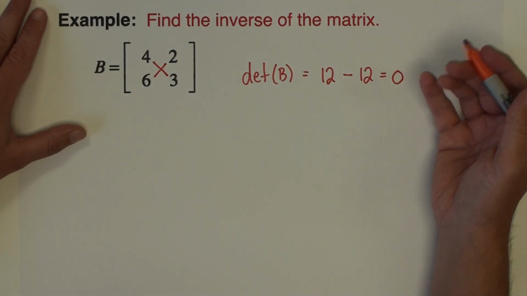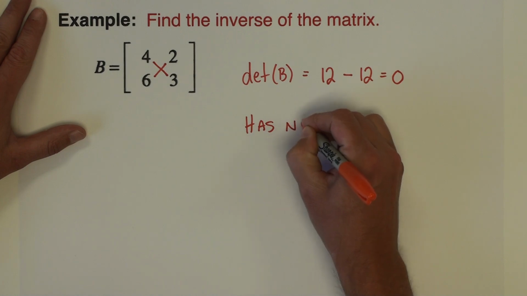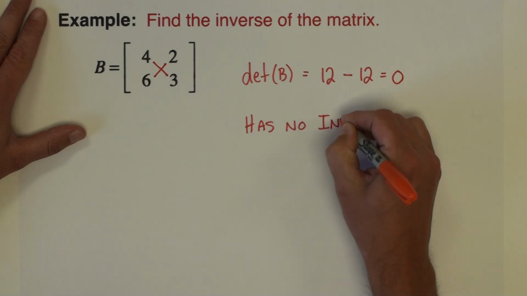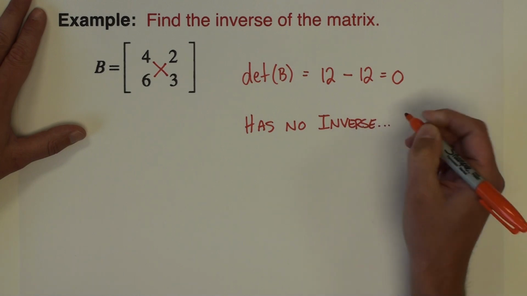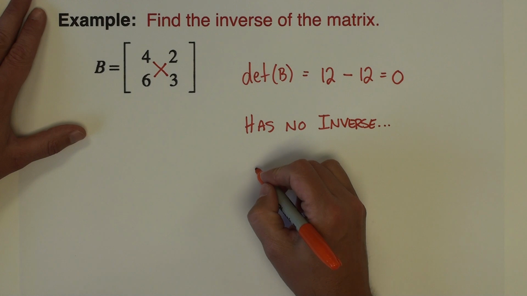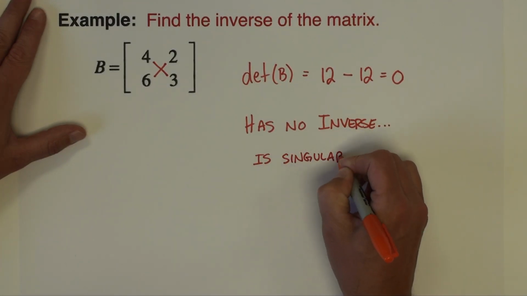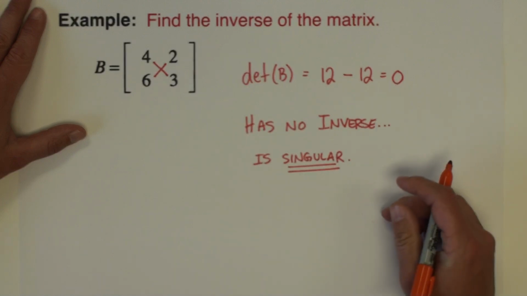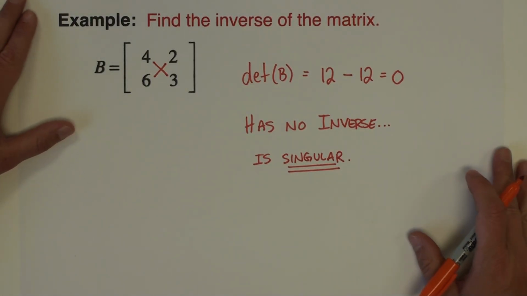Because it equals 0, this matrix has no inverse. Okay, we could say that matrix B is singular. So that finishes the problem. We can't find the inverse if there isn't going to be an inverse.